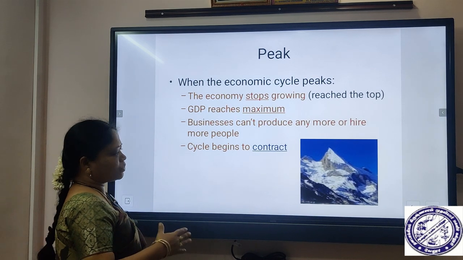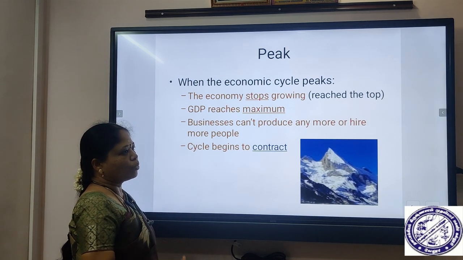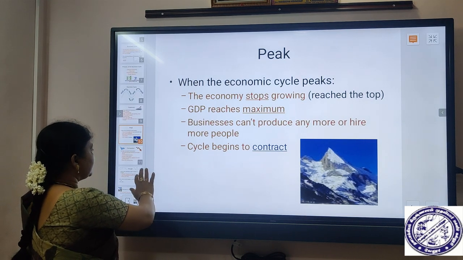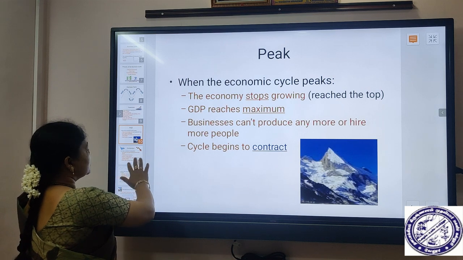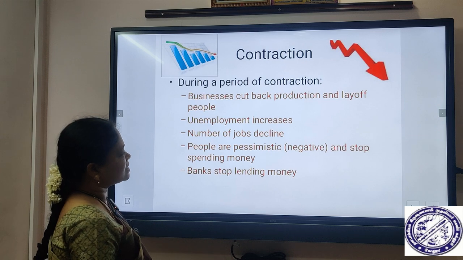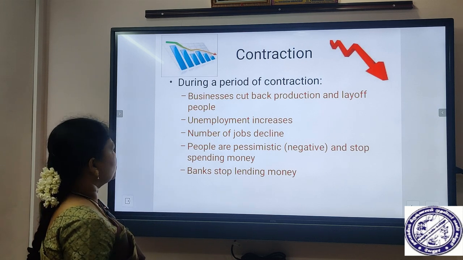So that is the reason why the cycle begins to move in the downward direction. The economy has reached its maximum, so the next condition where the economy has to move is the downward trend.